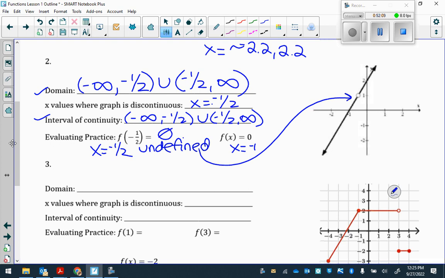Wait, so for the f of negative half, I don't get why it's undefined though. Oh wait, when x is -1/2, what is y?